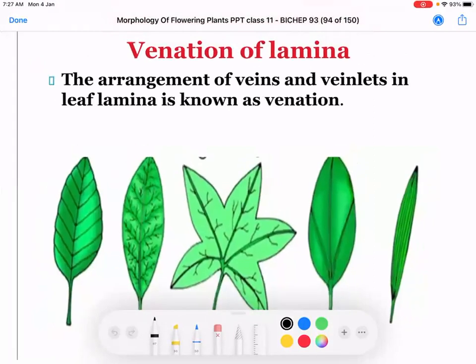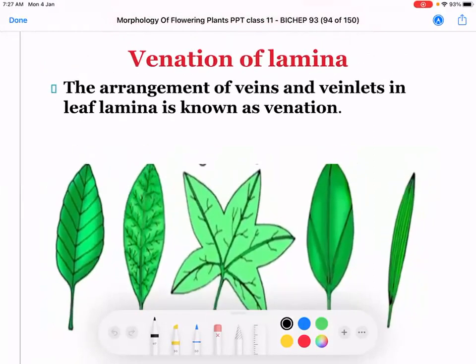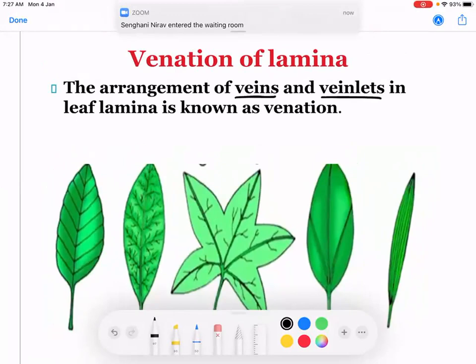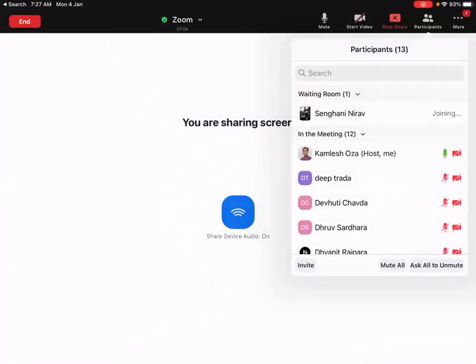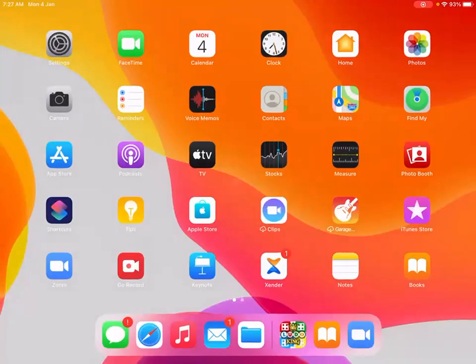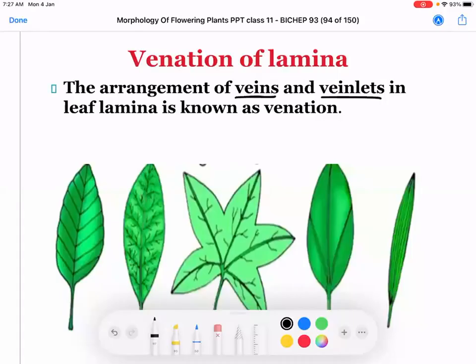Whatever diagram you can see here, and the explanation given here, the arrangement of veins and microveins, that is veinlets, is termed as venation. It is found on the surface of the lamina, right?